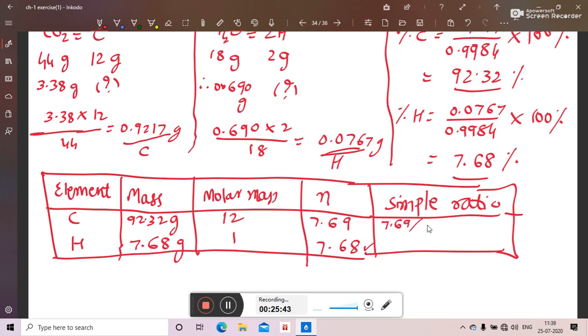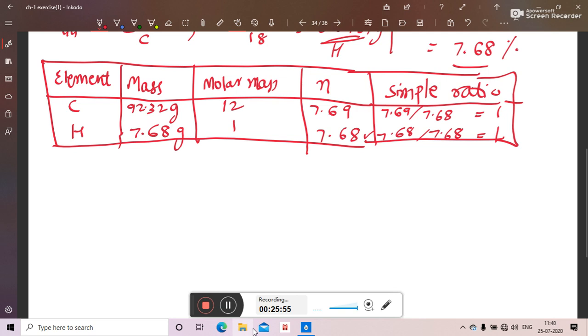So 7.69 will be divided by 7.68 and 7.68 will also be divided by 7.68. So both will be equal to 1. That means empirical formula of the compound is C1H1, so that is CH. Now from empirical formula we can find out empirical formula mass. That is equal to 12 plus 1, so equal to 13 gram.